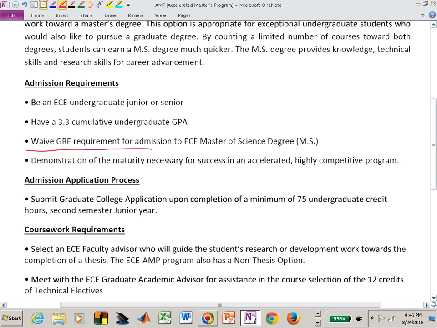The thesis will help prepare you for writing a dissertation and doing the research at the PhD level, but you're not unable to do that without a master's thesis. And you could obviously go somewhere else in addition to the U of A. We don't have a monopoly on graduate education. Yes?